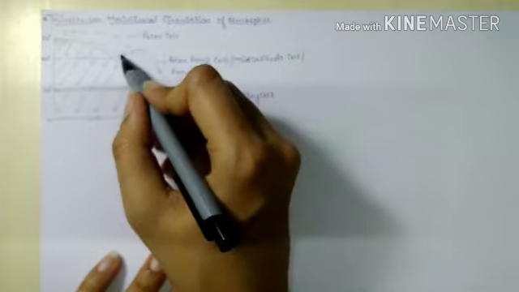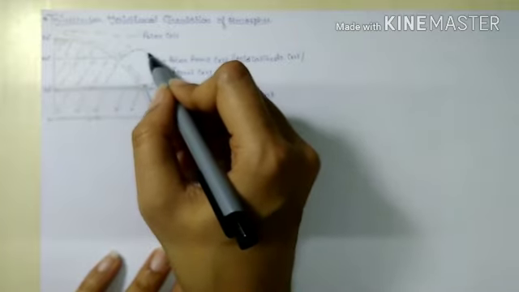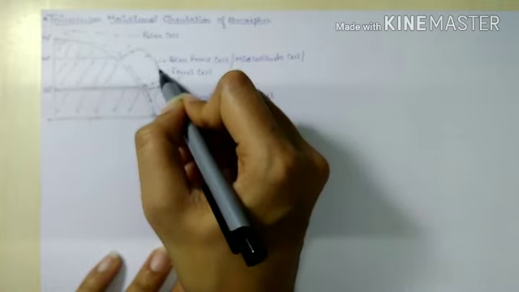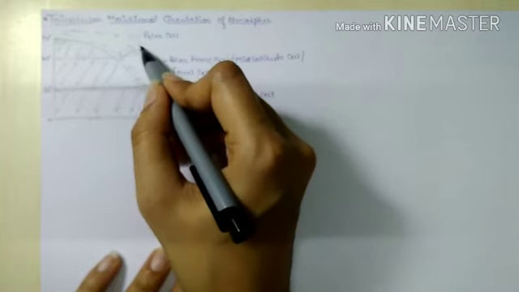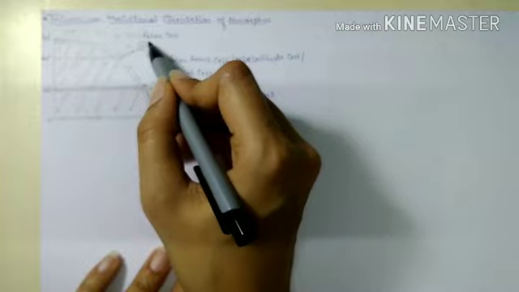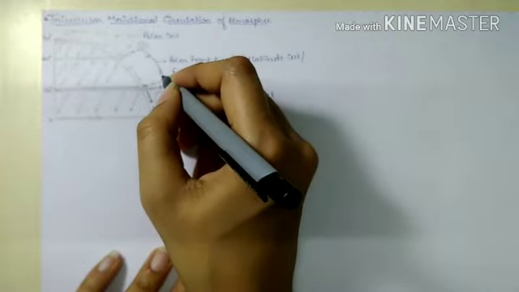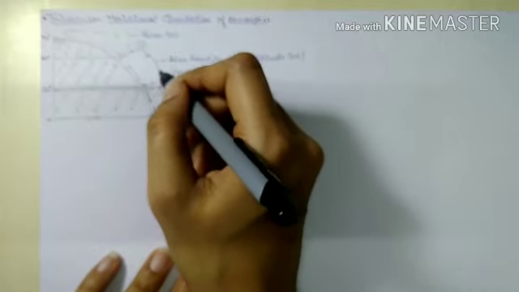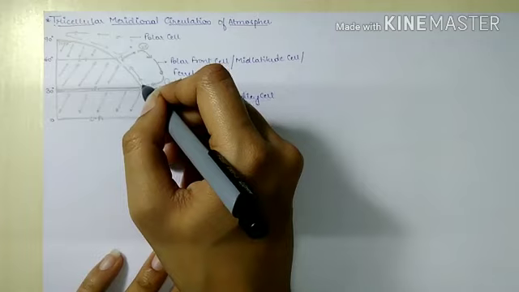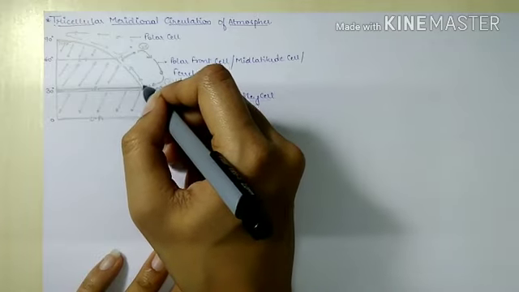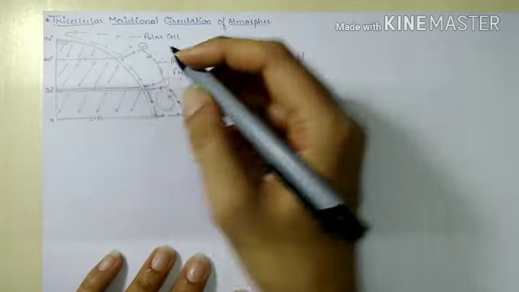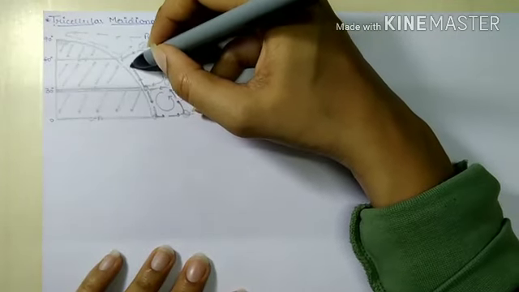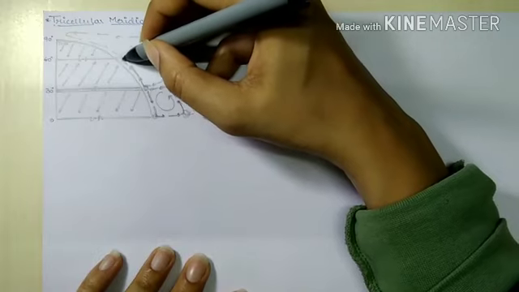As it is diverging in both directions, we will consider this belt first. It will move, and here high pressure will be generated. Now as this wind and this wind converge, they will settle down, inducing high pressure here, and the wind on the ground level will move from high pressure to low pressure in this fashion.